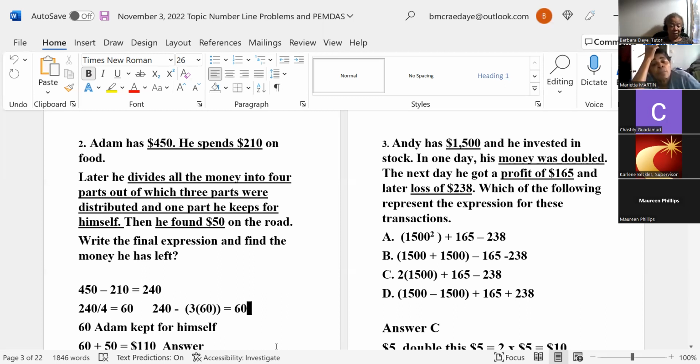He gave away 3 parts, 180, and kept 60, 1 part, for himself. And they add up to 240, 60 plus 180, right? So what he kept, the 60, plus what he found on the road, 50, gives you the 110. Is it clear, Maureen? Yeah.